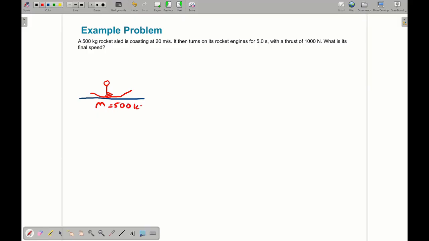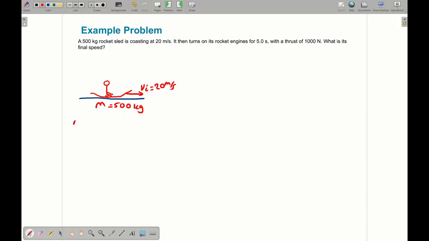Assume this is you and the sled together, but they're talking about a sled alone. I'm making it more applicable to life. It is coasting at 20 meters per second, that's your initial speed. So I know the mass and the initial speed. Then it turns on its rocket engines for 5 seconds with a thrust of 1,000 Newtons.